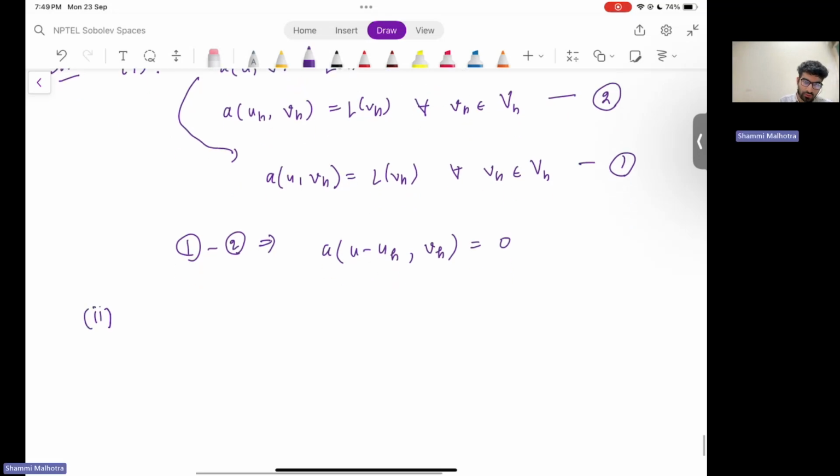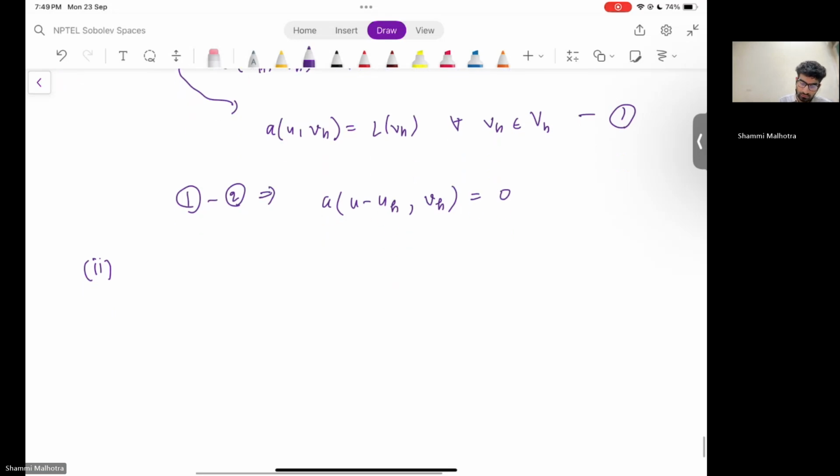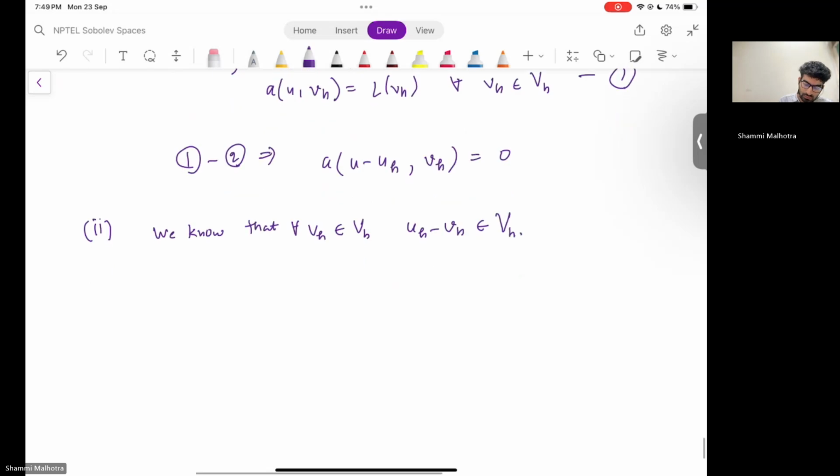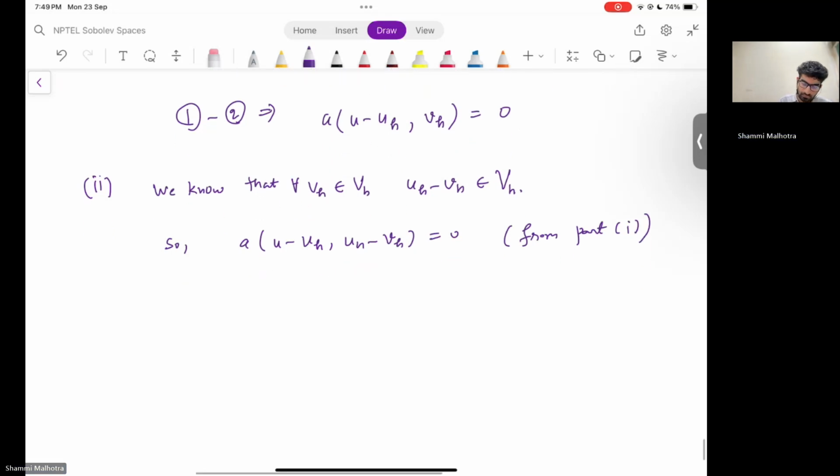With part 2, for the orthogonality, we know that for all v_h in V_h, u_h minus v_h lies in V_h. So a(u minus u_h, ...) as in the part above, instead of v_h I can take u_h minus v_h, and this is 0 from part 1. Also, we consider the norm of u minus u_h squared. This is nothing but a(u minus u_h, u minus u_h). And this can be written as a(u minus u_h, u minus v_h plus v_h minus u_h). By the relation, the part with v_h minus u_h is nothing but 0.